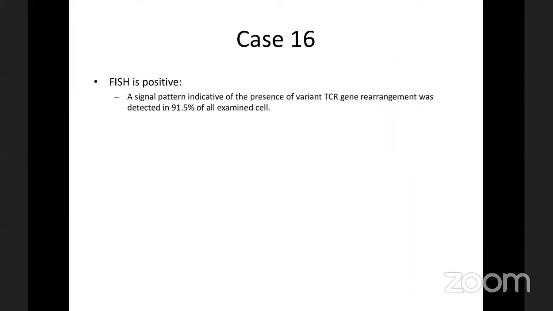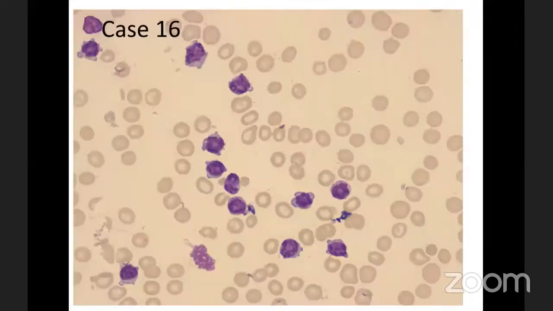The patient was found to have TCR gene rearrangement by FISH, and he was diagnosed as T-cell prolymphocytic leukemia. This is a very characteristic morphology for the T prolymphocytic leukemia. Always remember it. Small cells, cytoplasmic bleb, prominent nucleoli, clumped chromatin, very small cells.